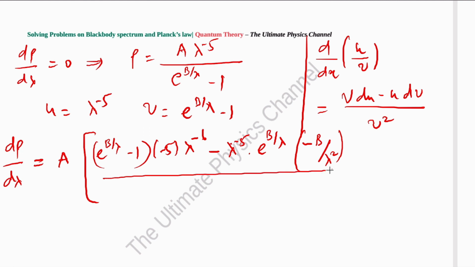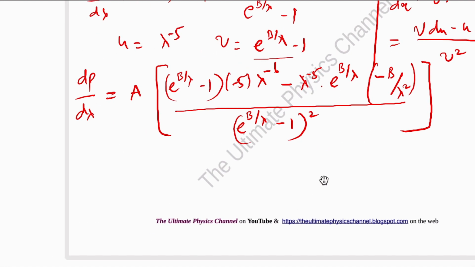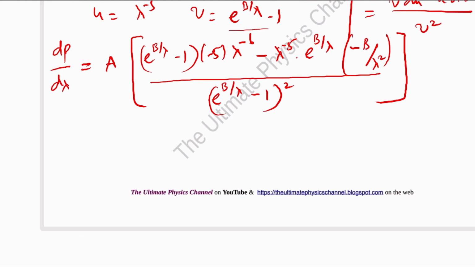And then the denominator has to be v squared, which is this thing, e power b over lambda minus 1 whole square, right? So that is the expression that we have now.